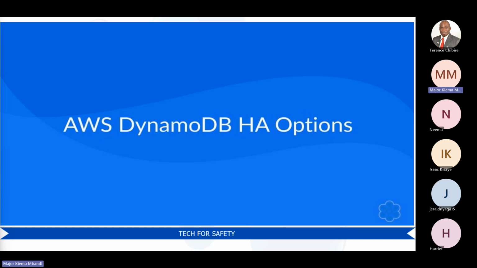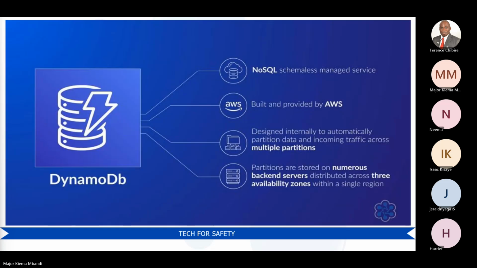So as we move to DynamoDB, the highly available option, just a reminder, we know that DynamoDB is a fully managed, highly available NoSQL database offering in AWS. It is a NoSQL schemaless managed service built and provided by AWS, designed intentionally to automatically partition data and incoming traffic across multiple partitions.